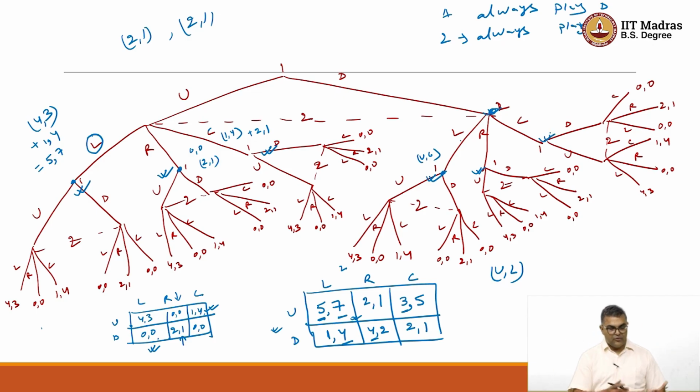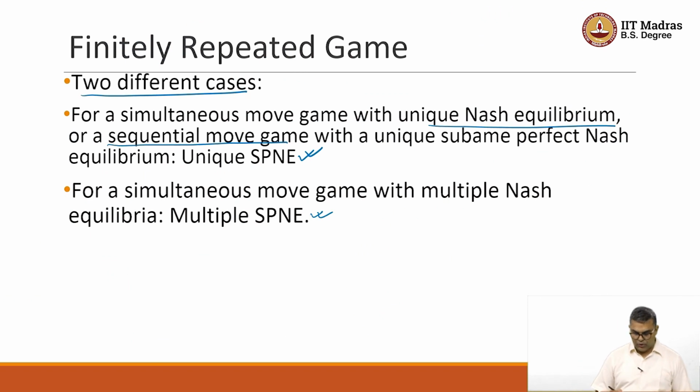So if you add 2 comma 1 in all boxes, again D comma R is a possibility. So that could be a Nash equilibrium. It's also possible that in the second stage they play U comma C, and in the first stage they play D comma R. So everywhere you are adding 1 comma 4, so it would not change anything. So multiple Nash equilibria is a possibility. That's what I am talking about here.